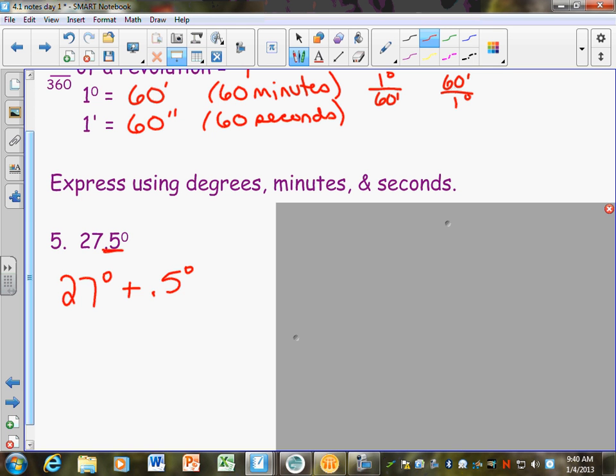But to show you the math here, I can multiply by 60 minutes in 1 degree, because the degrees would cancel, and a half times 60 is 30 minutes. I'm just going to add this back to this, and I would get 27 degrees, 30 minutes is how you would write that. You don't have to put the plus sign in there. So 30 minutes is the same as half of a degree.